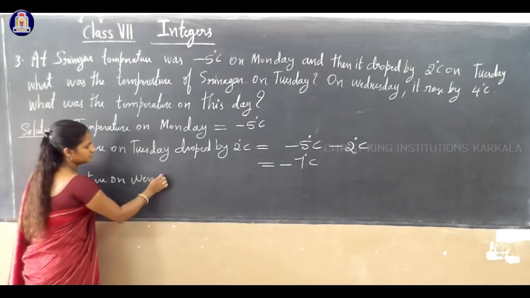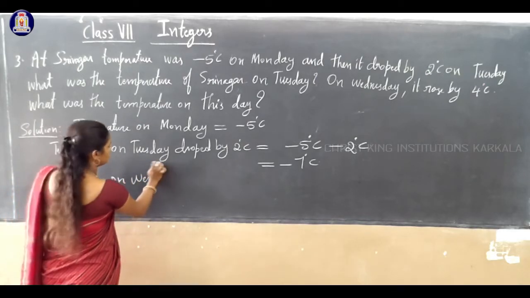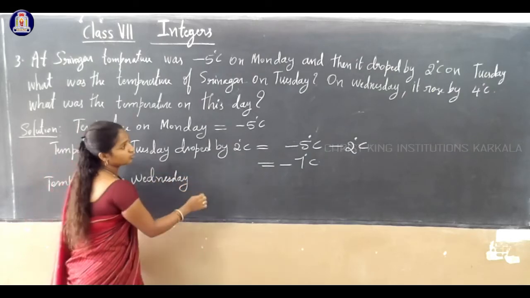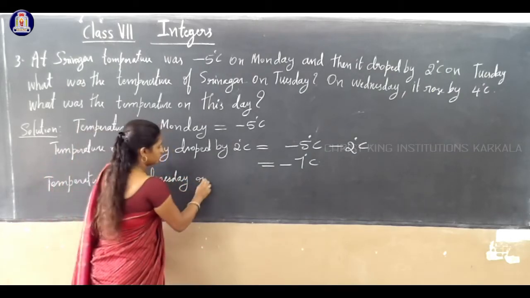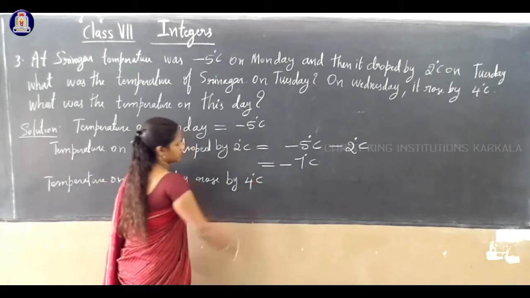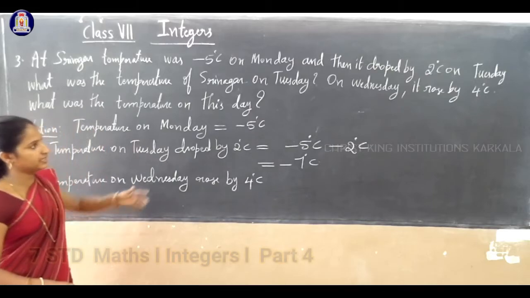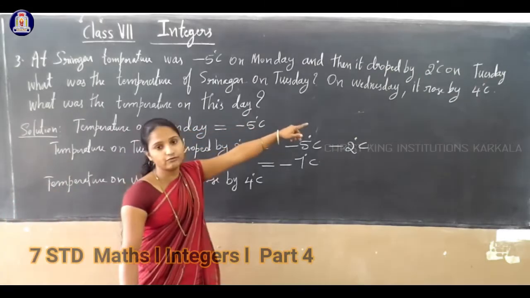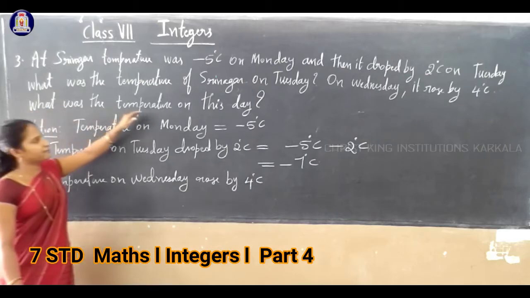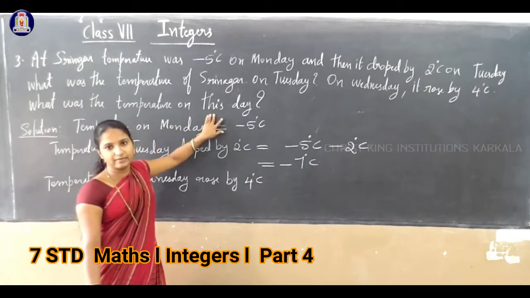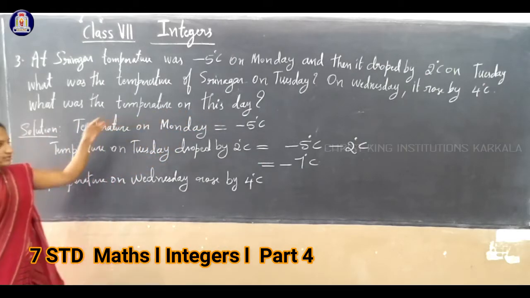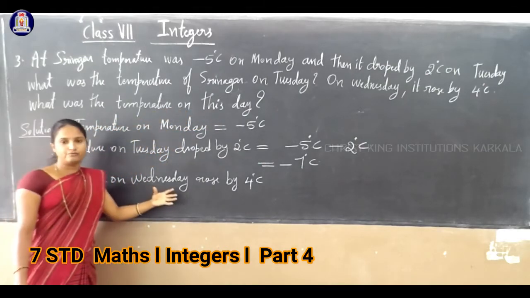Temperature on Wednesday rose by 4 degrees Celsius. So temperature is increasing, correct? On Wednesday it rose by 4 degrees Celsius. So now you have to find what was the temperature on this day. On this day means Wednesday. What was the temperature on this day? Means what was the temperature on Wednesday.